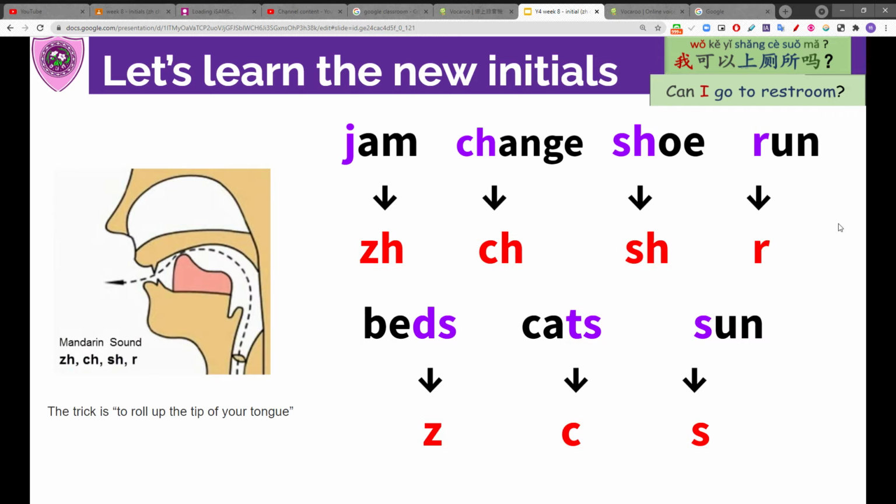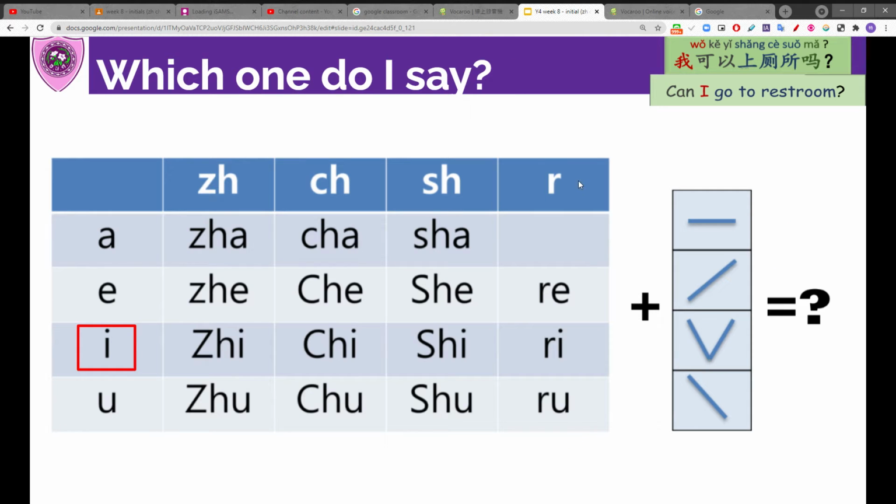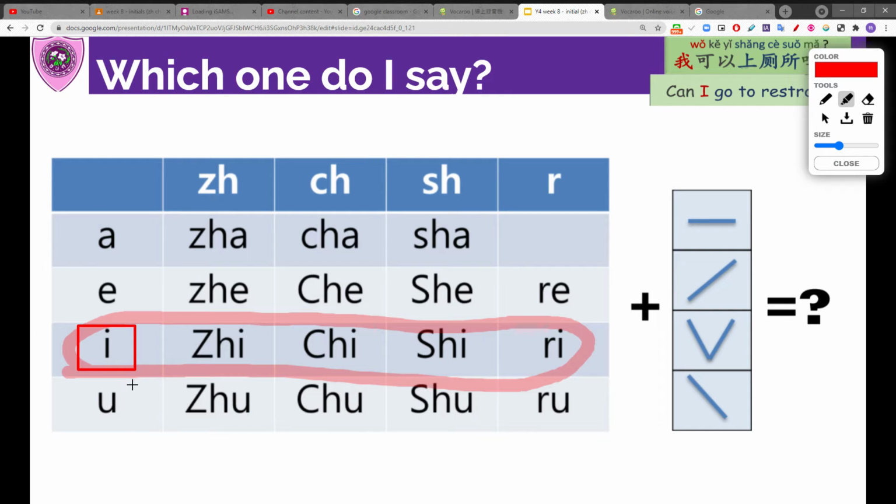Right now, let's do a little practice. Which one did I say in this chart? Let's see if you got it correctly, but make sure you remember the rule of this group here. Do you still remember? Zhi, chi, shi, ri, four of them.